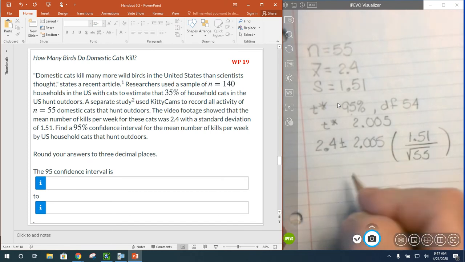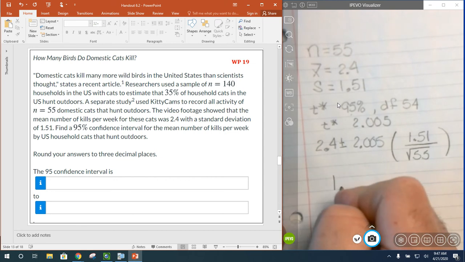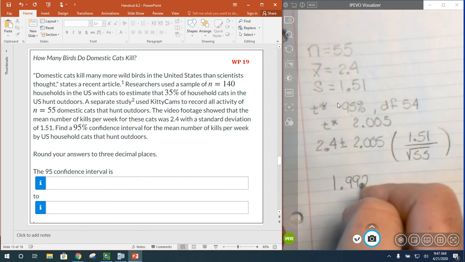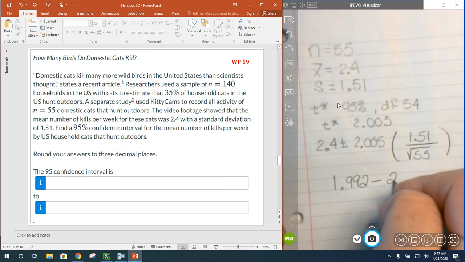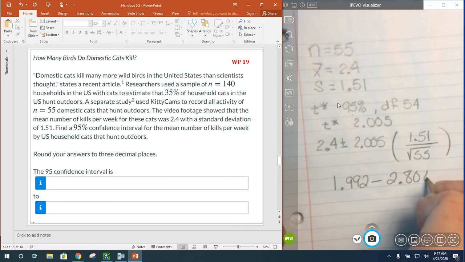When we make those calculations, 1.992 to 2.808. So we have a 95% CI between those two numbers.